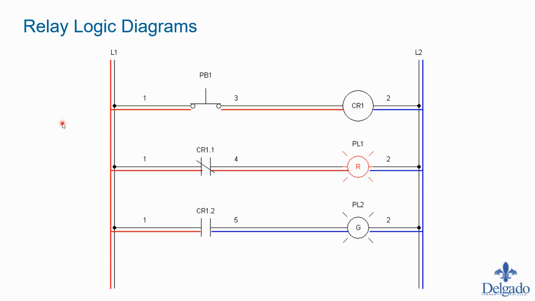Now, we changed this picture to show this normally closed contact and this normally open contact differently. That's not really a good representation. We just have to use our imagination and know that this contact is now energized and this contact is now open.